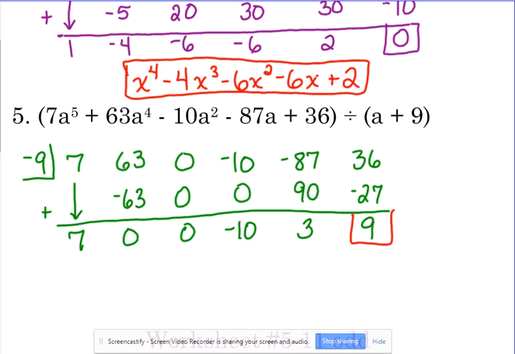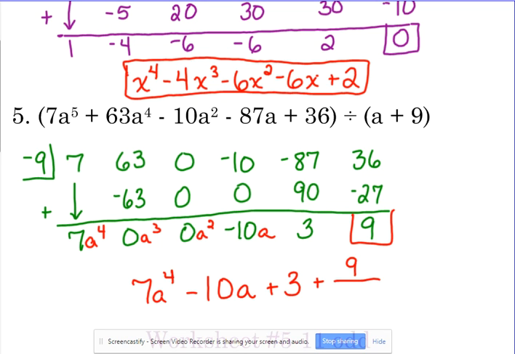We started with a to the 5th, so we've got a to the 4th, a cubed, a squared, a. That's why I like to put them right there, because really we don't need all those zeros in our answer. We really only need the 7a to the 4th minus 10a plus 3 plus 9 over a plus 9.